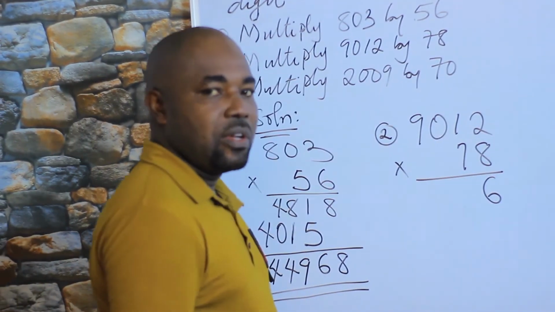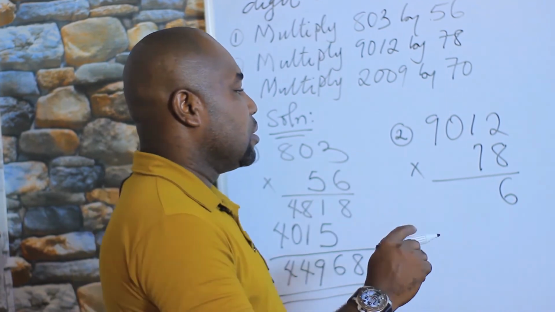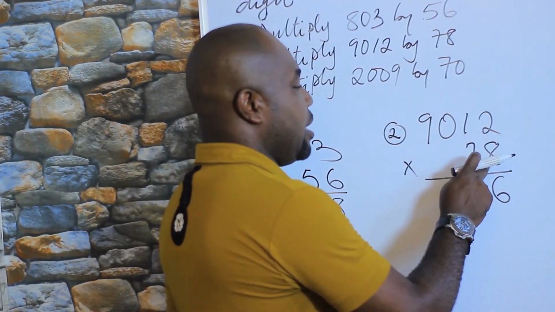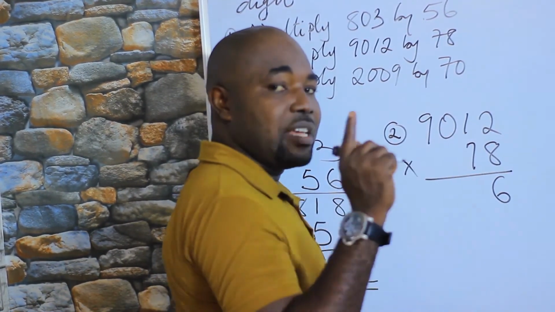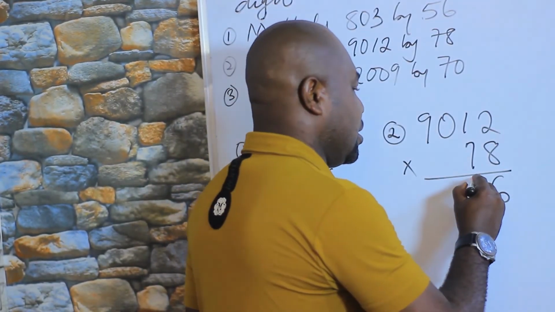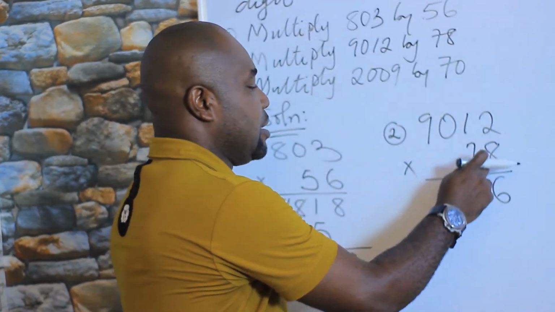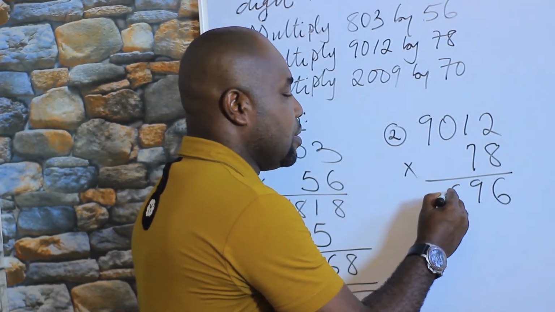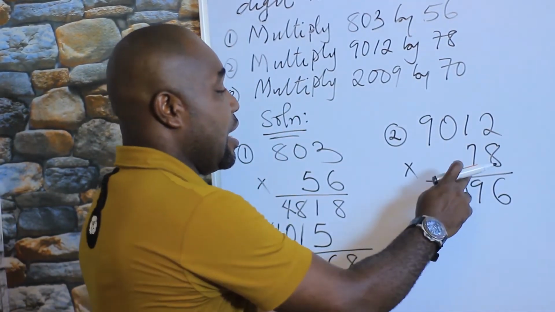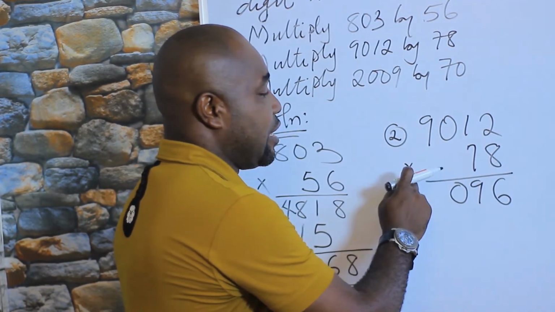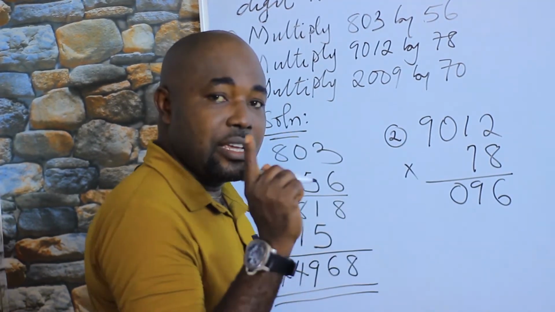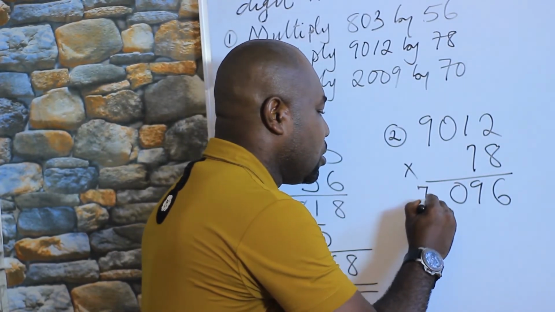Write 6, carry 1. 8 times 1 is 8, plus that 1 is 9. 8 times 0 is 0. 8 times 9 is 72.